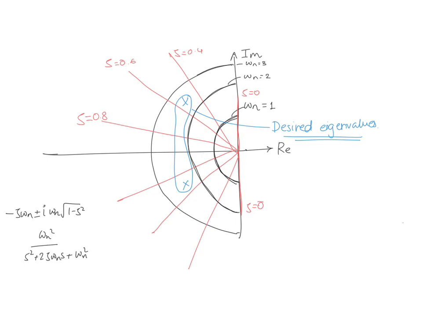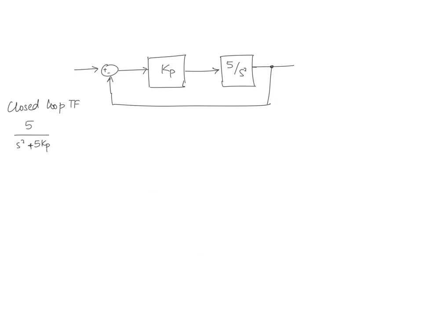So let's look at a very simple example. This is what we looked at when we talked about the differential drive model. The open loop, or the actual plant model, was this 5 over s squared. The first thing we tried was to plug in a proportional controller to see if it works.